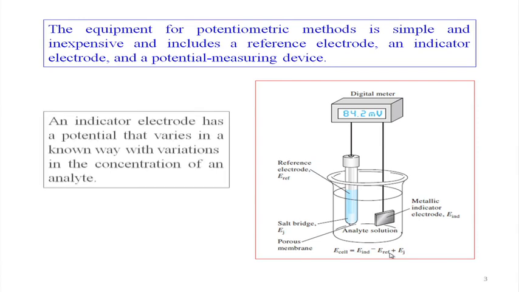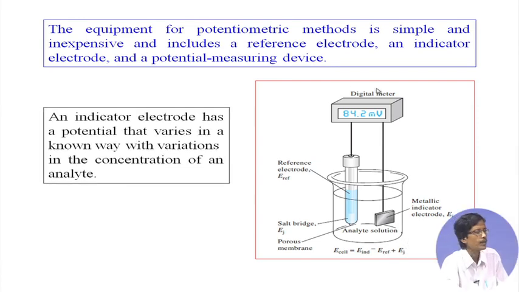Once we add up all these three together, you get the cell potential, and when the cell potential changes, that particular display will record it. So, as an indicator electrode, it has a potential that varies in a known way with variations in the concentrations of the analyte. So, what is your analyte now?